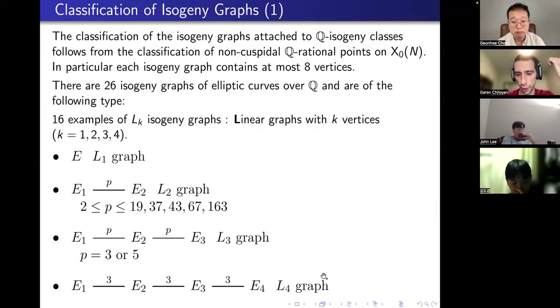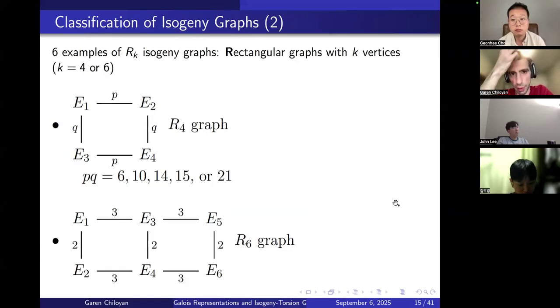What about an L4 graph? An L4 graph is a linear graph of 4 different vertices. The only way this happens is if you have a 27-isogeny: 1, 3, 9, 27. So those are all the linear isogeny graphs.